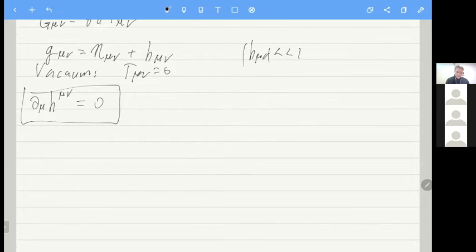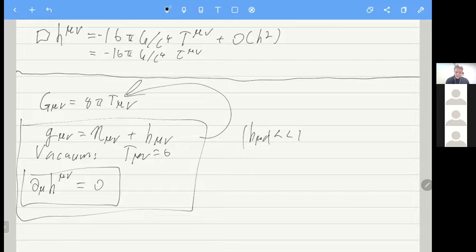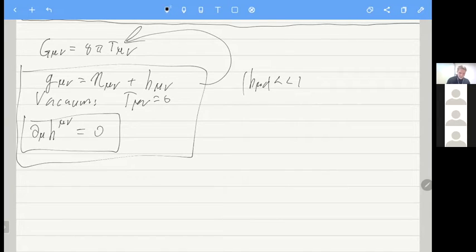And through a bit of derivation, by basically taking all of this and inputting it into the Einstein field equation, what we find is the wave equation.